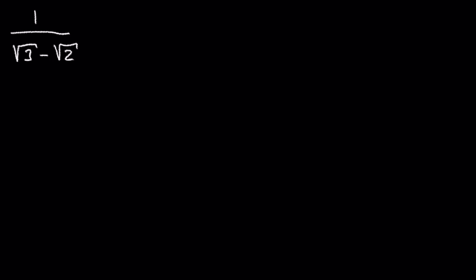Again, like in our previous example, we have to multiply by the conjugate of the denominator. Remember, we just take the opposite of the negative sign, which is positive. 1 times the numerator stays the numerator.